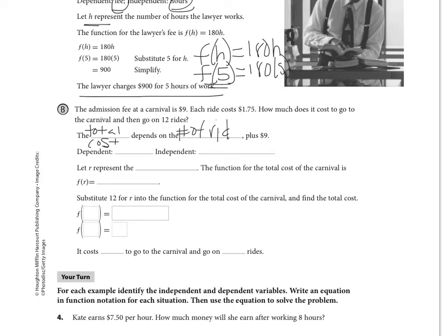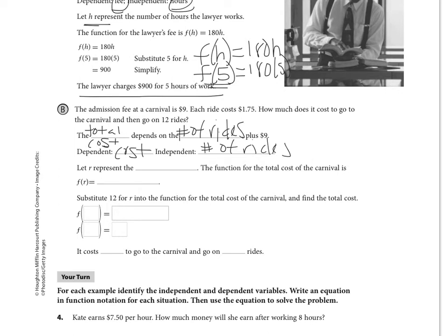If you don't ride any rides, you only have to pay the $9. If you ride a whole bunch of rides, you're going to have to pay the $9 plus the $1.75 for each ride. So the dependent variable is the total cost, and the independent variable is the number of rides, because the cost depends on how many rides.